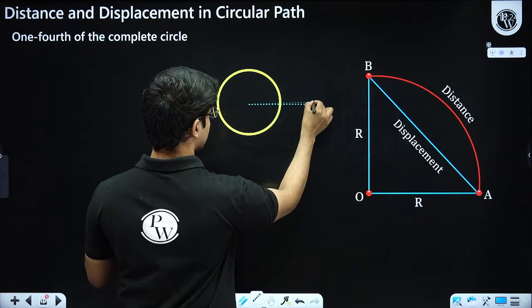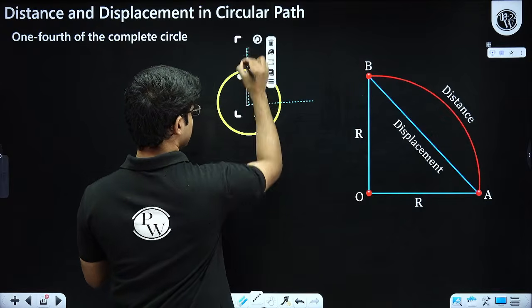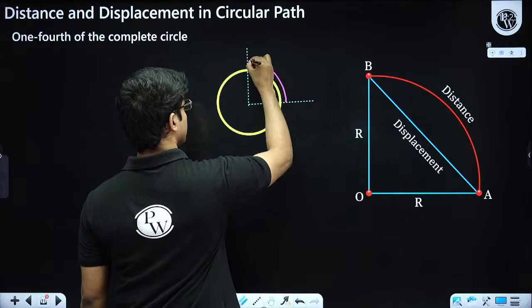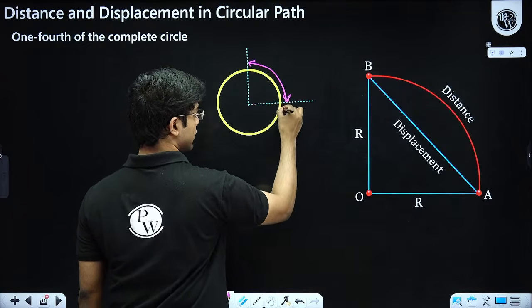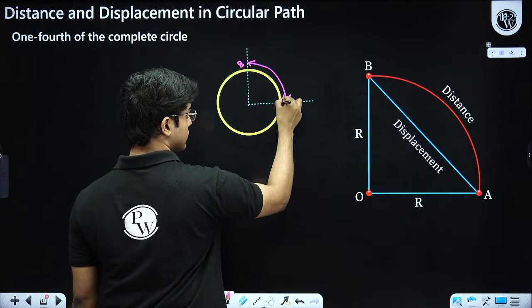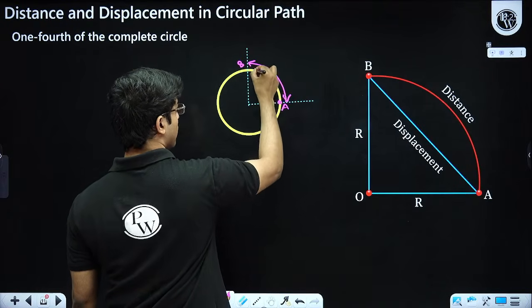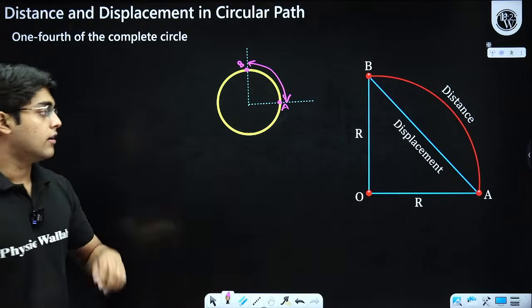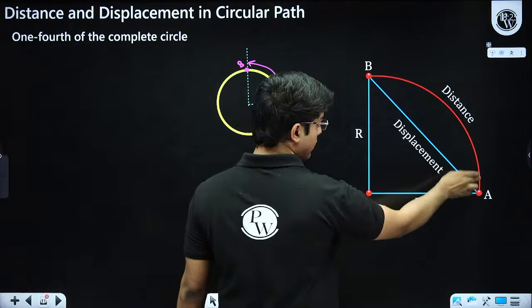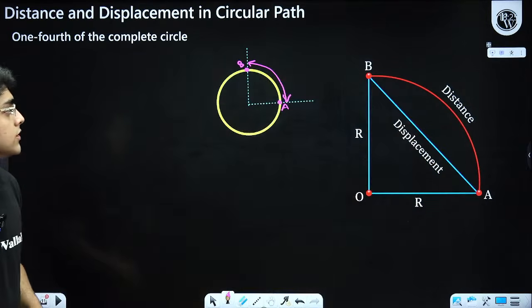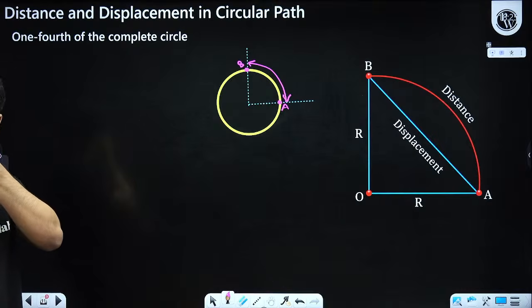It is basically 1/4 of this circular path. This is the journey from A to B. So there is some particle which starts its journey from here, moves along this circle to the point B. In this case, we have to calculate the distance and the displacement. So that is the question.